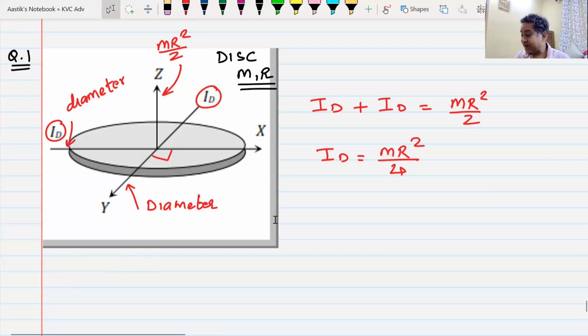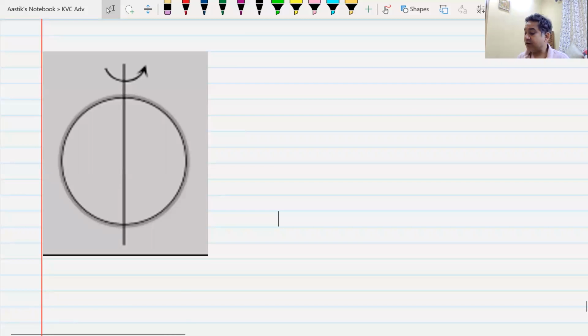What happens if it is a ring? A ring of mass m, radius r, about this diameter.